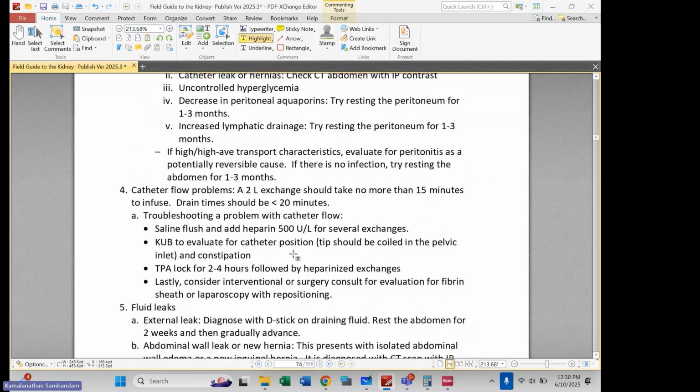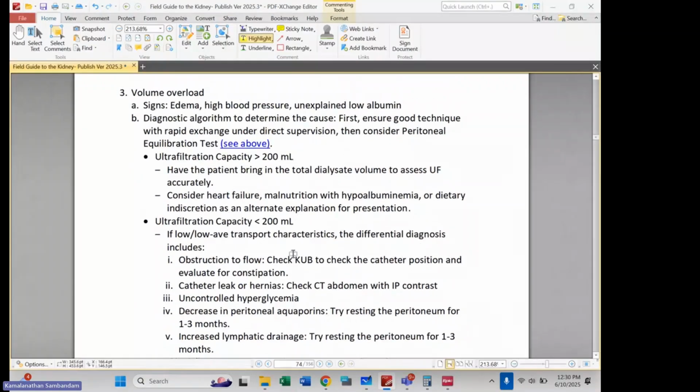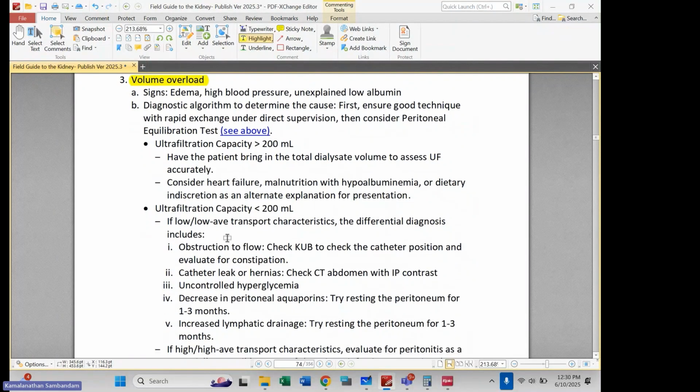Let me just anticipate this conversation. We're going to talk about complications of peritoneal dialysis, and volume overload is one of those complications of peritoneal dialysis.